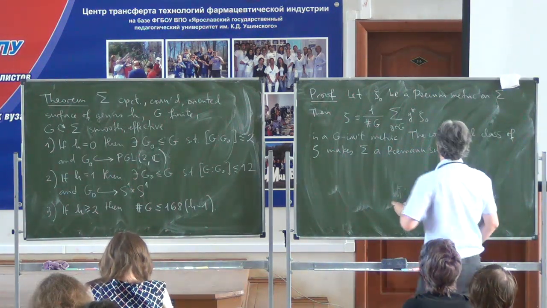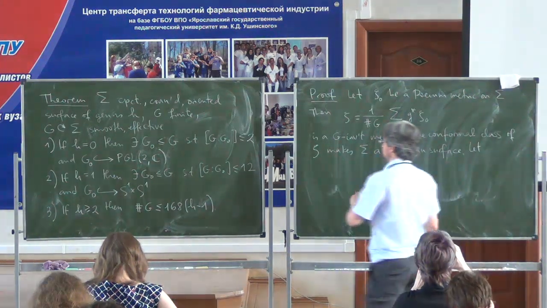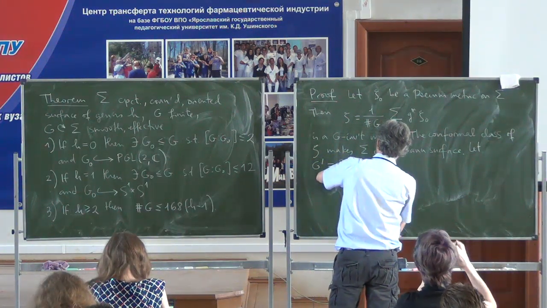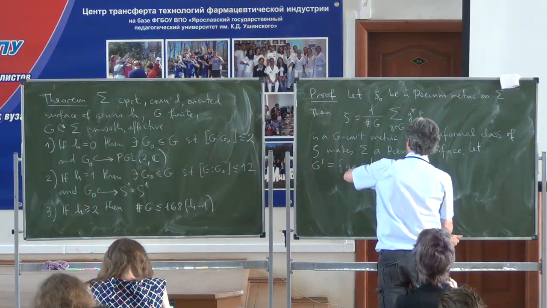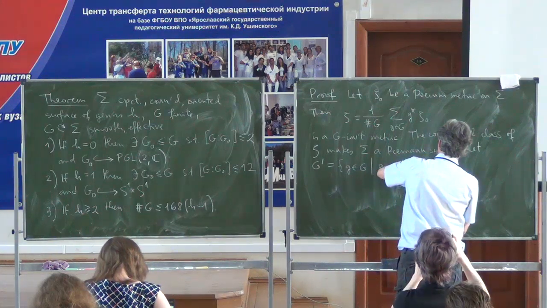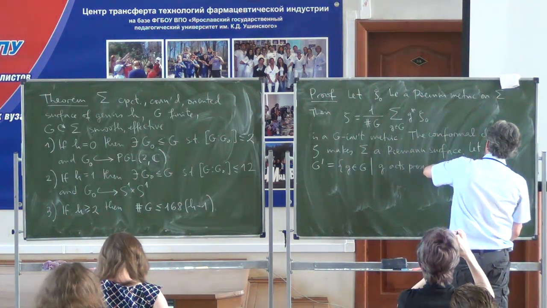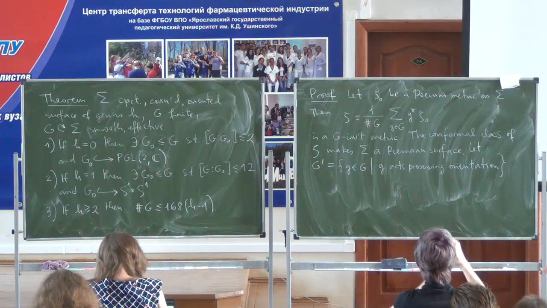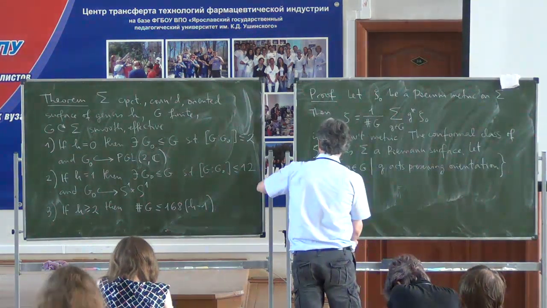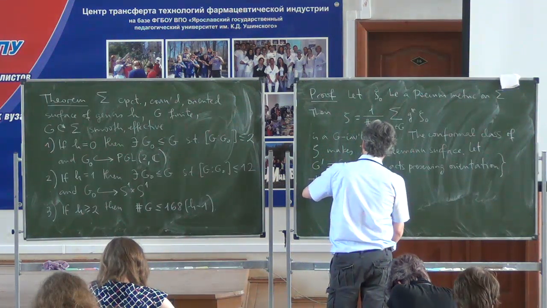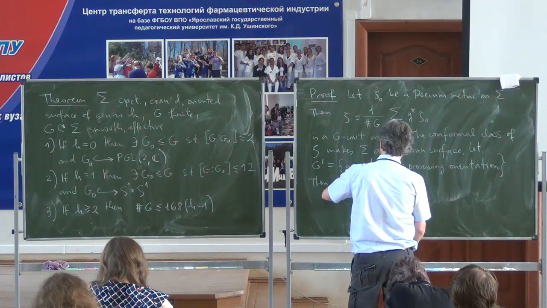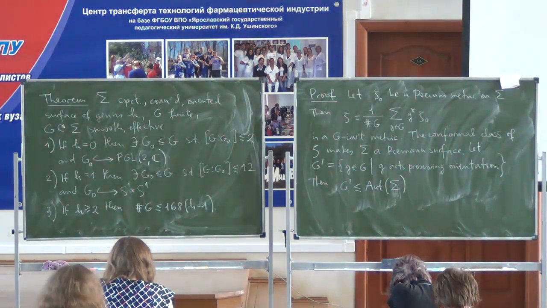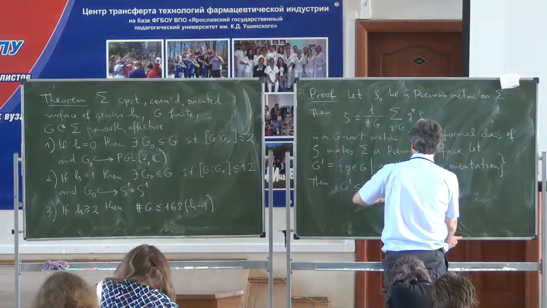Okay, but you can define a group G prime to be the group of elements preserving the orientation, and then G prime can be identified with a subgroup of the group of automorphisms of sigma, and now I look at sigma as a Riemann surface, of course.